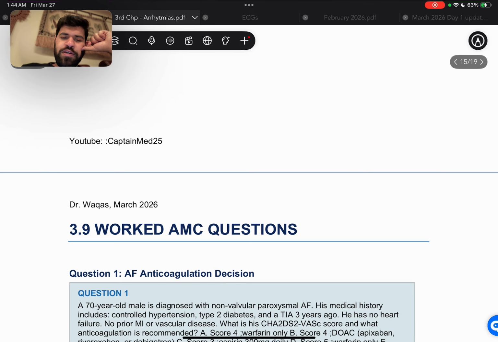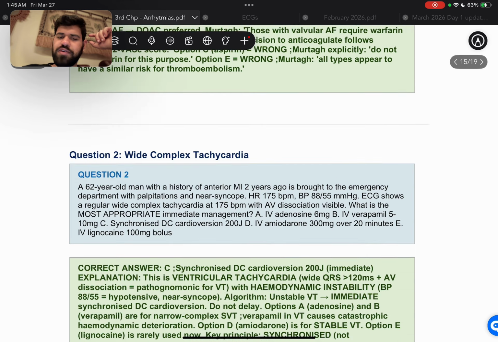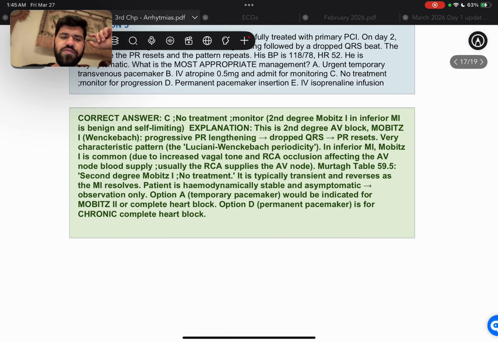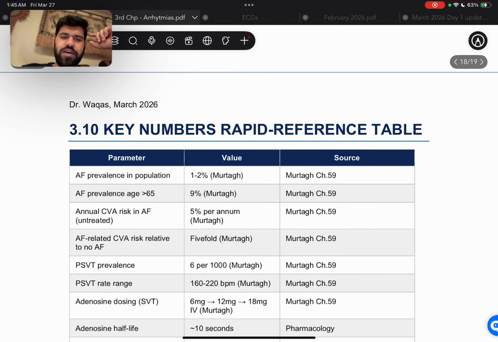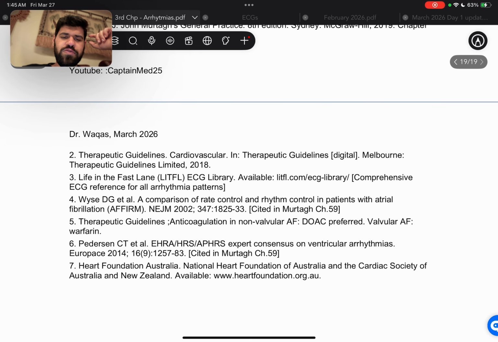Now moving on to the last section. Finally, we are at the end of this chapter, and these are the questions, based on all of the topics that we went through, and I think that's the end of this lecture. These are all of the key numbers to remember, and these are the references used.